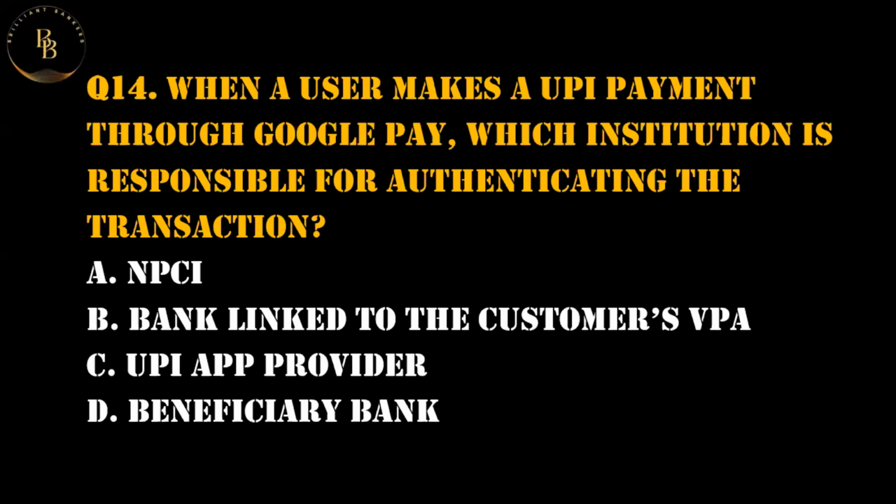It is automatically the bank linked to the customer's VPA, the customer's bank. UPI authentication happens at the customer's linked bank, not the app. The app merely is an interface with the NPCI switch. So the bank linked to the customer's VPA authenticates the transaction.